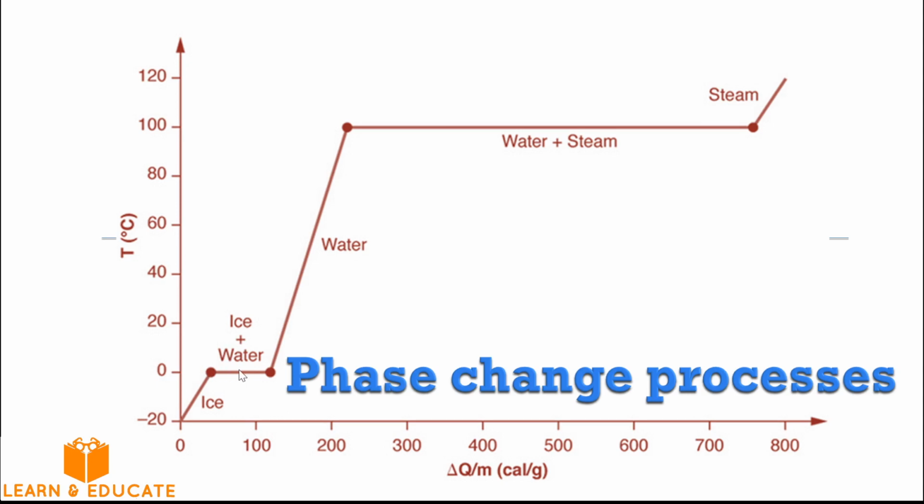So here the ice is changed to water at 0 degrees Celsius when the pressure is maintained at 1 atmospheric pressure. Similarly, the boiling point of water is 100 degrees Celsius for 1 atmospheric pressure, where the water changes to vapor, or the liquid state is converted to vapor state, right?